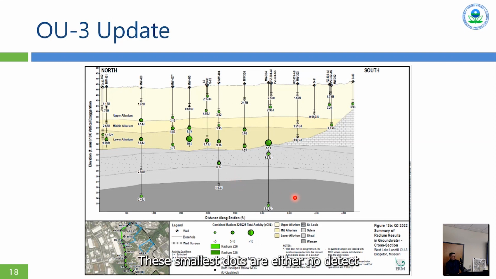The smallest dots are either non-detect or radium that's less than the MCL of 5, and the larger circles are where you have radium above the MCL. You can see the lower portion of the alluvium is impacted for the most part. I just wanted to make sure we have in our minds that it's not just 2 dimensions, it's 3 dimensions, and all of that is being evaluated.